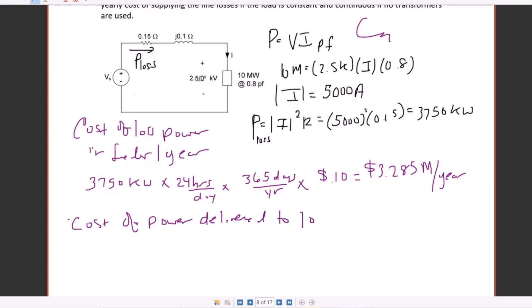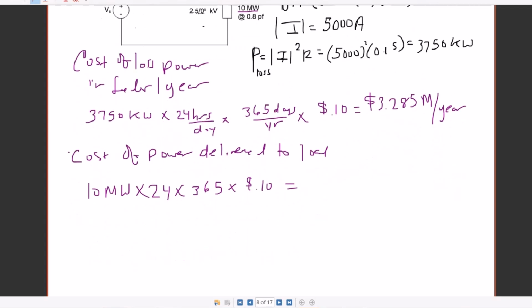So we know that the load is 10 megawatts, because that's given here, times 24 times 365 times 10 cents. Okay. So the cost of the power delivered to the load is 8.76 million per year. Are there any questions so far about what I'm doing?